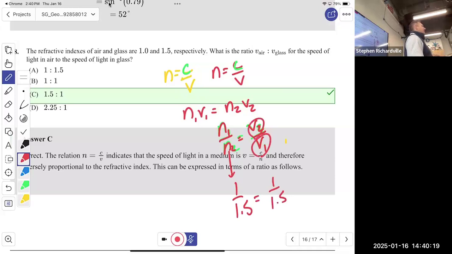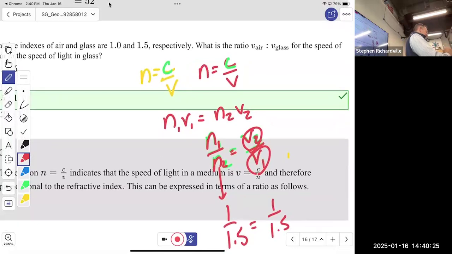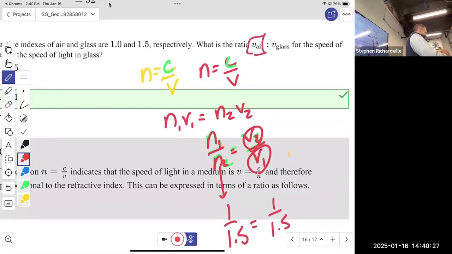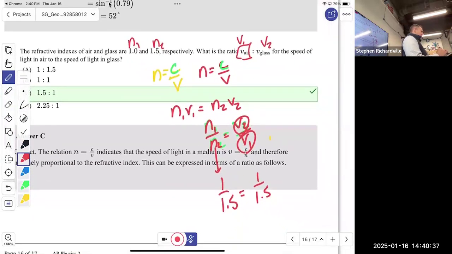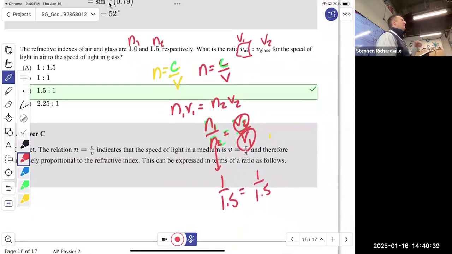What's confusing here is I want to say it's 1 over, but remember, it says, what's the ratio of v air to v glass? That's n1, v1 to v2. So it's asking me for the opposite of what I'm getting mathematically. It wants to know what's 1 over 2 for my velocities.